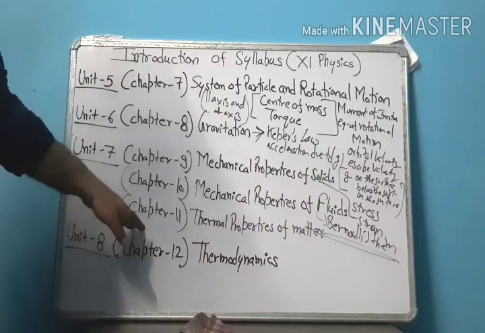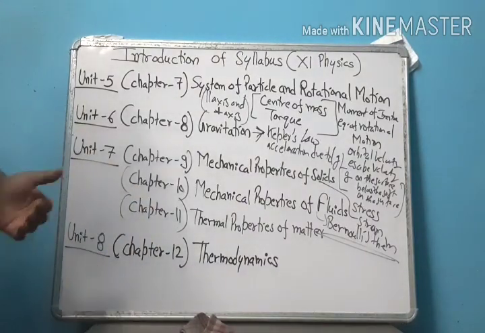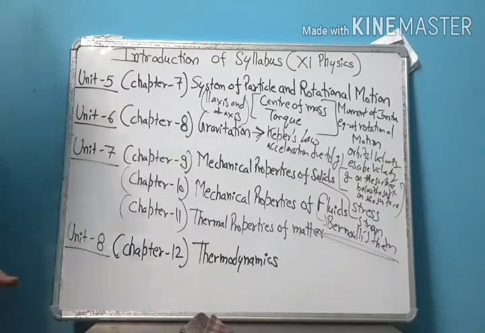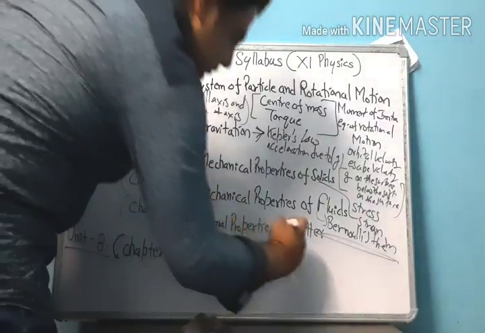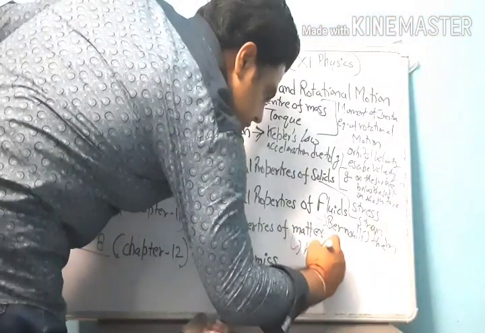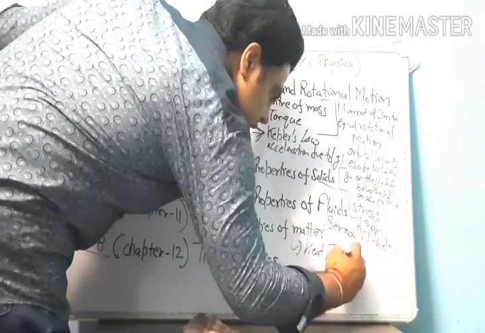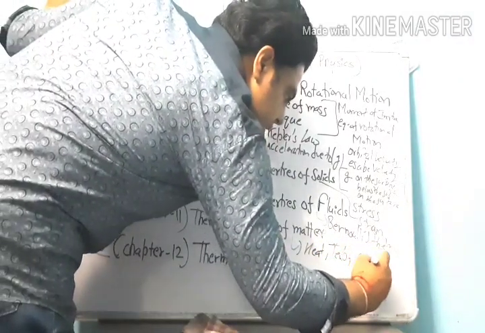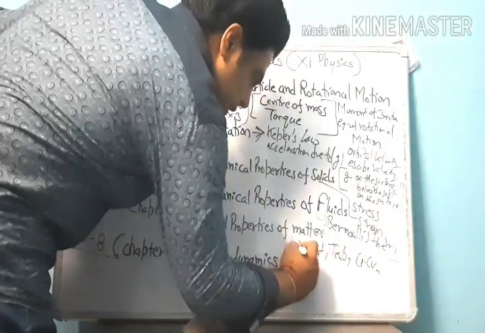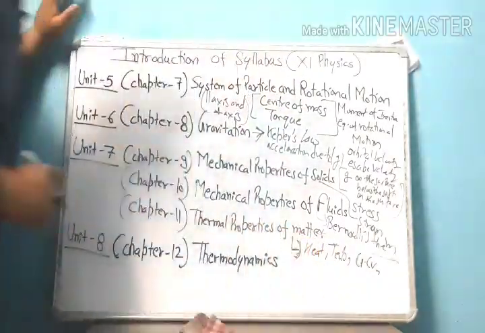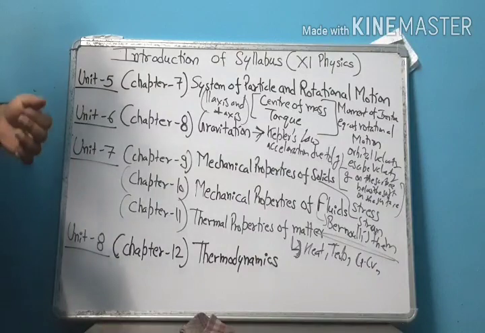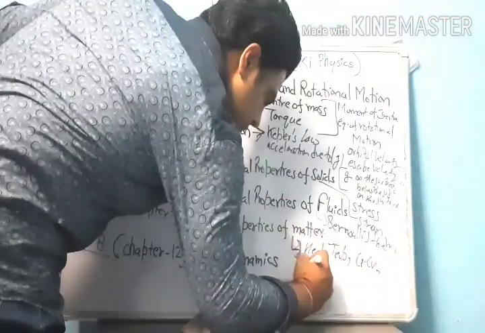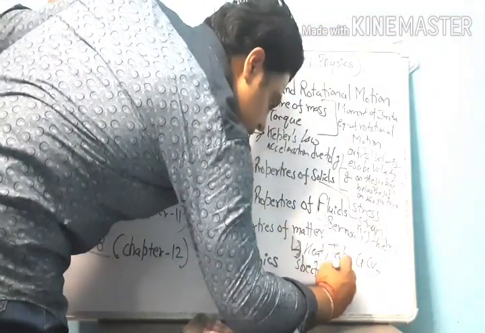Now moving on to chapter number 11, the thermal properties of matter. In this we have to study heat, temperature, Cp, Cv, specific heat.